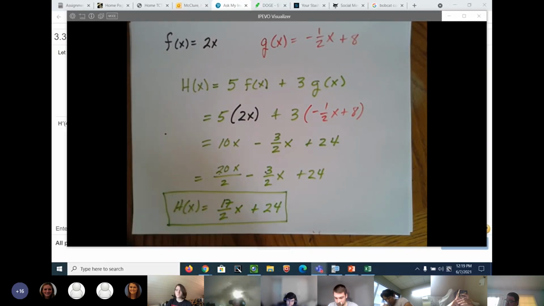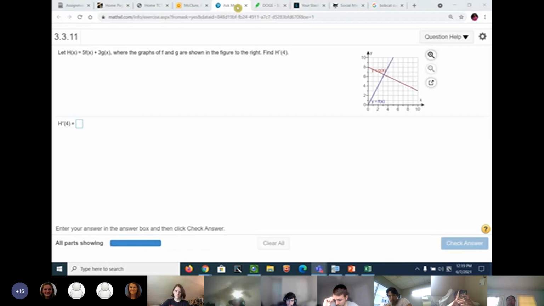Now, by what they've given me, I think that should be the equation. And then they want what? h prime of 4. Well, we've got h of x, so h prime of x is equal to 17/2. So it doesn't matter what h of 4 is, it should be 17/2.